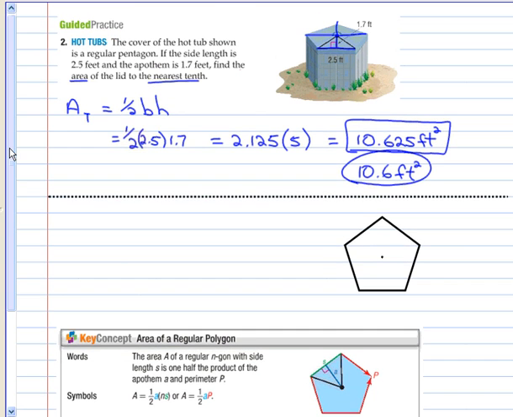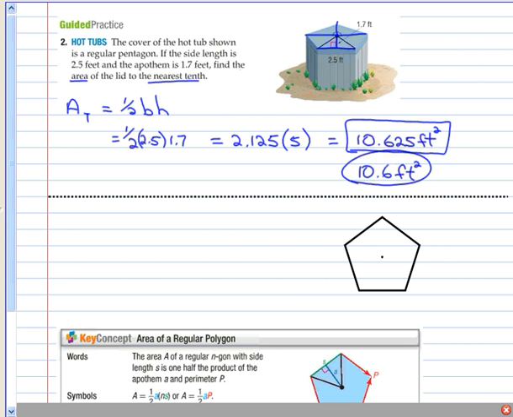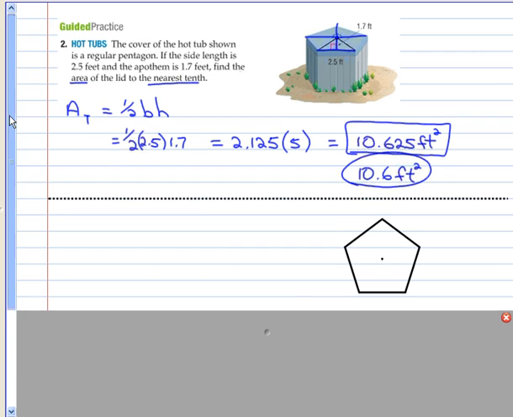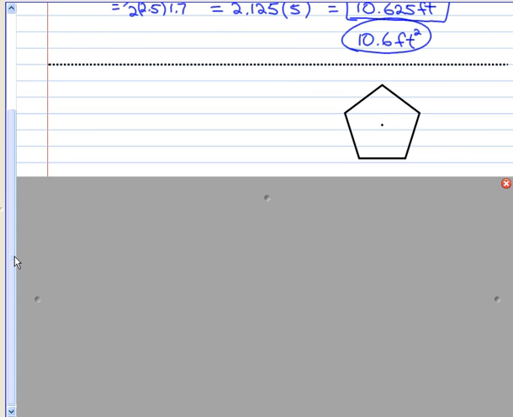All right, let's see if we can use kind of this idea right up here and figure out a formula for the area of regular polygons. So we are going to look at this right over here. What line is this that I just drew? The apothem.